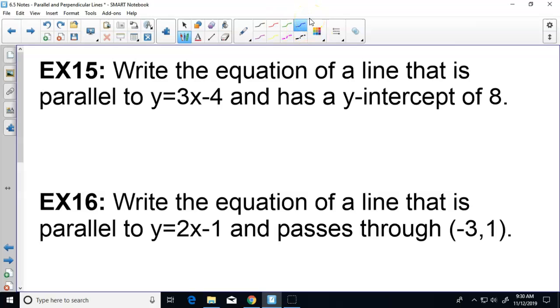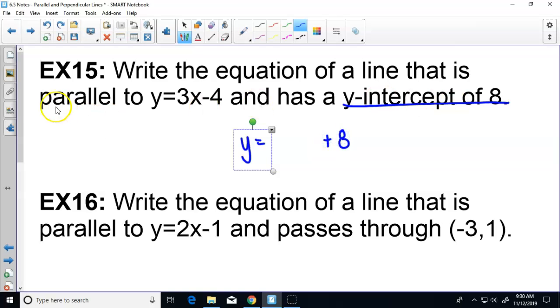It's an easy, easy problem. What two things do you need to know to write an equation of a line? Slope and y-intercept. So, they told me the y-intercept is 8 here, right? So I'm going to have y equals plus 8 over here on the end.